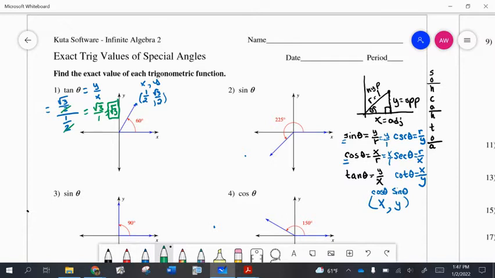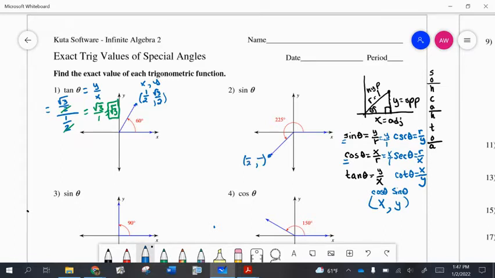Let's try that again with another angle. If we want the sine of 225 degrees, I have to first think about where 225 is on the unit circle. From standard position, going counterclockwise, there we are, 225 degrees. Now I need to think about what my coordinates are there. The ones that end in 5 are our 45-degree reference angles. Those are the easy ones.